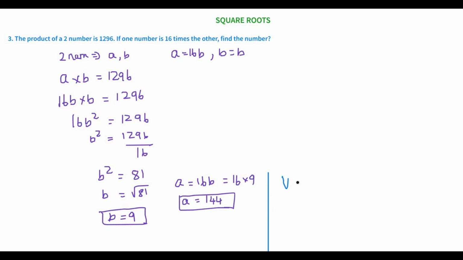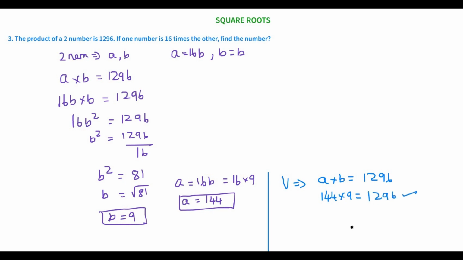Since these two numbers we have got, A times B should equal 1296. So let's find out whether 144 times 9 is 1296. So 144 times 9, whenever we multiply, we get 1296.